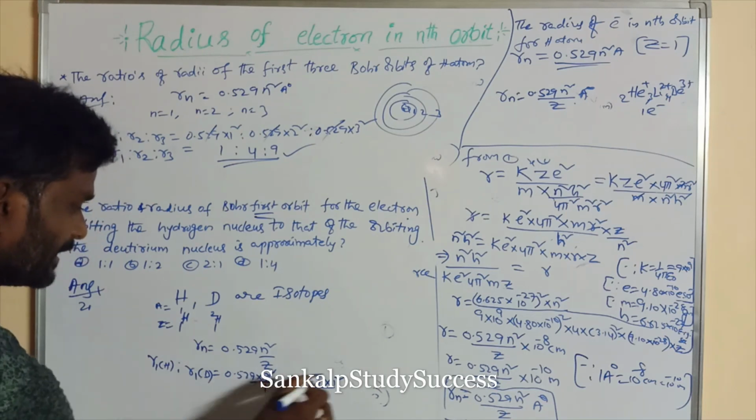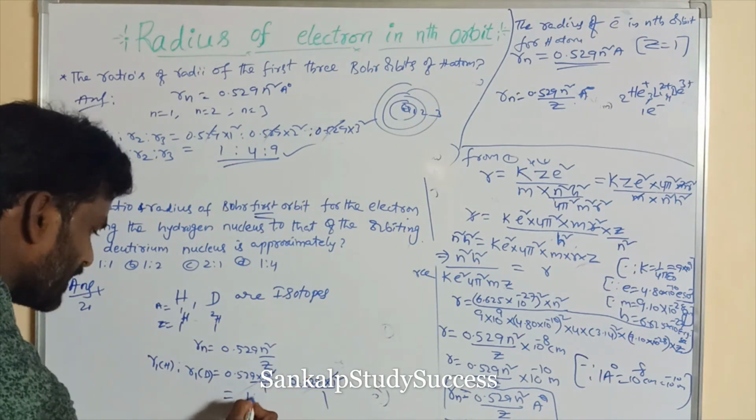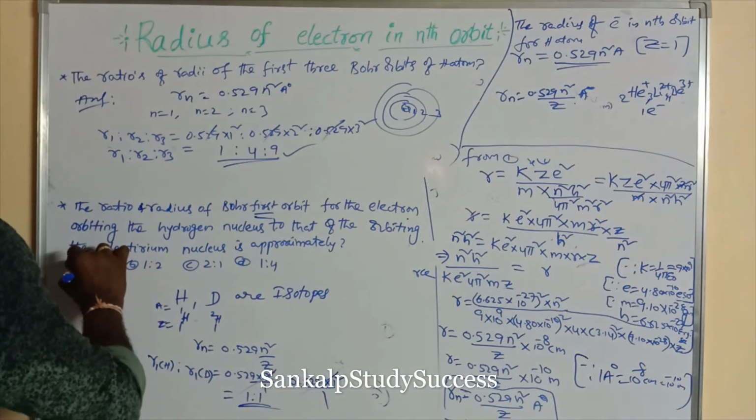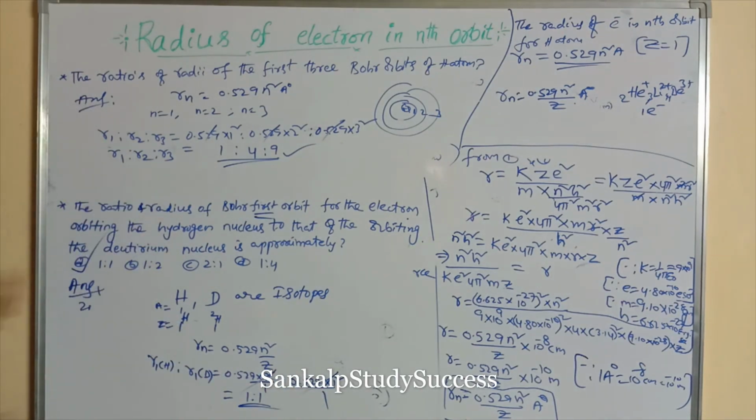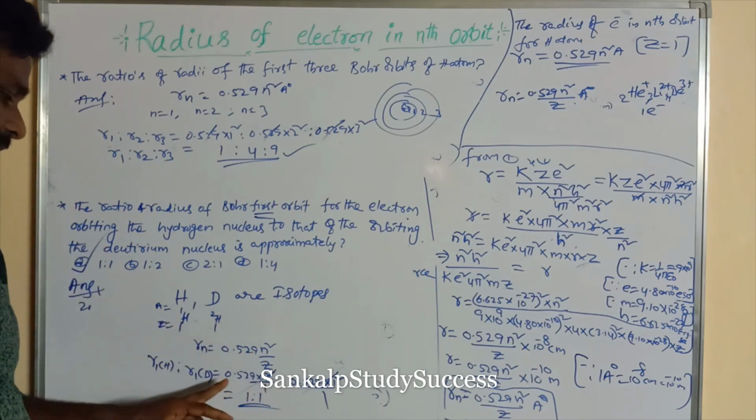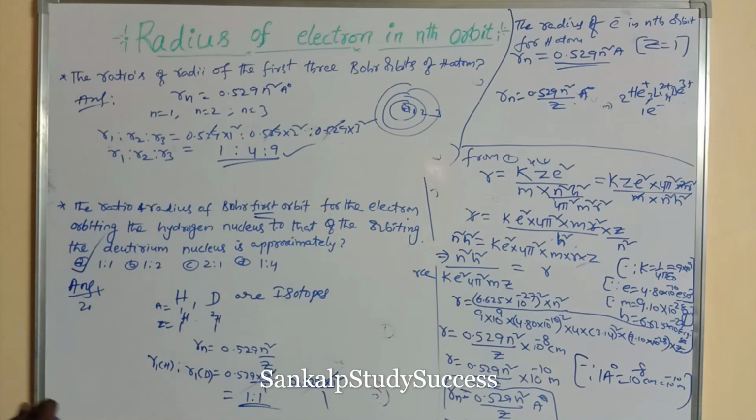So totally these are cancelled, and the value is 1:1. This is the right answer, 1:1. Why? Because their atomic numbers are the same.